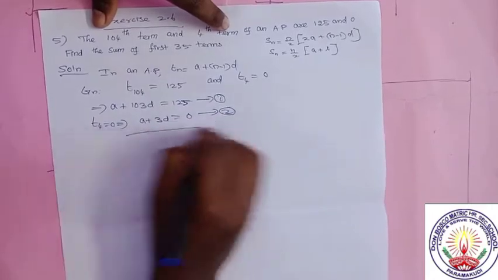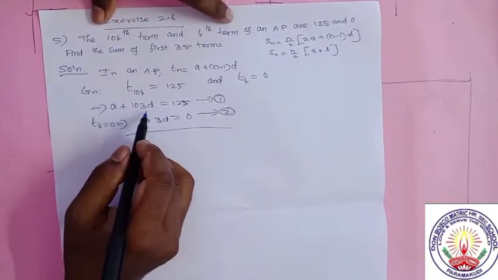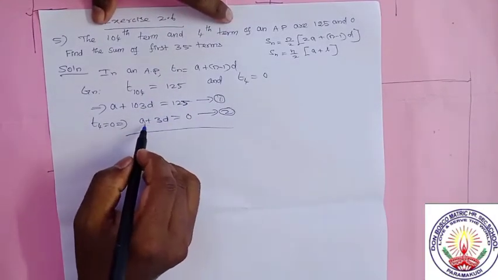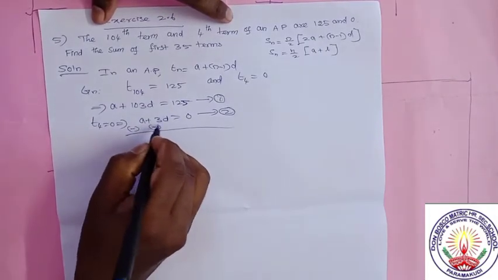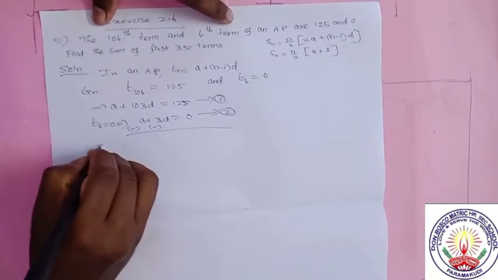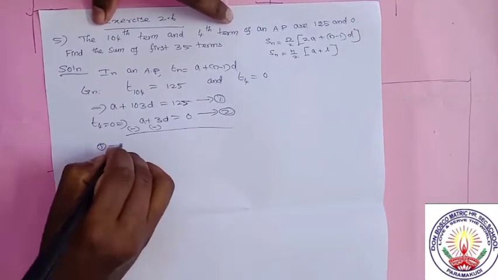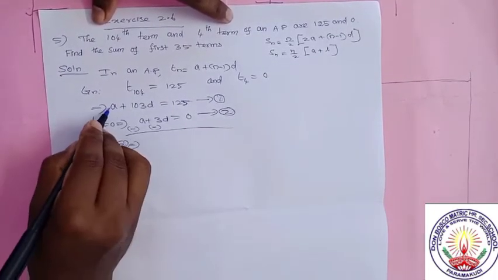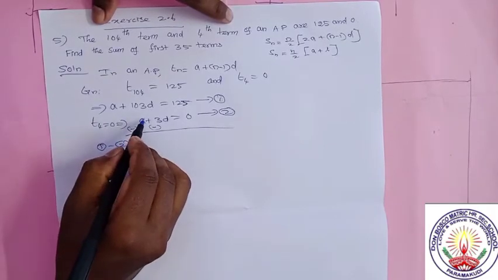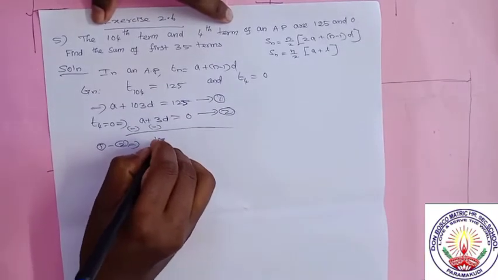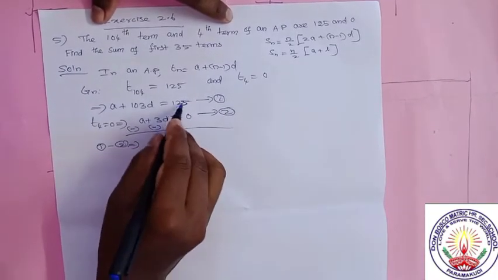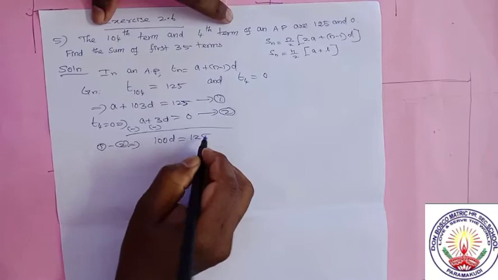Take this as equation number 2. Now A plus 103D is equal to 125 and A plus 3D is equal to 0. Subtract equation number 2 from equation number 1. A minus A will cancel. 103D minus 3D is 100D, equal to 125 minus 0, which is 125.